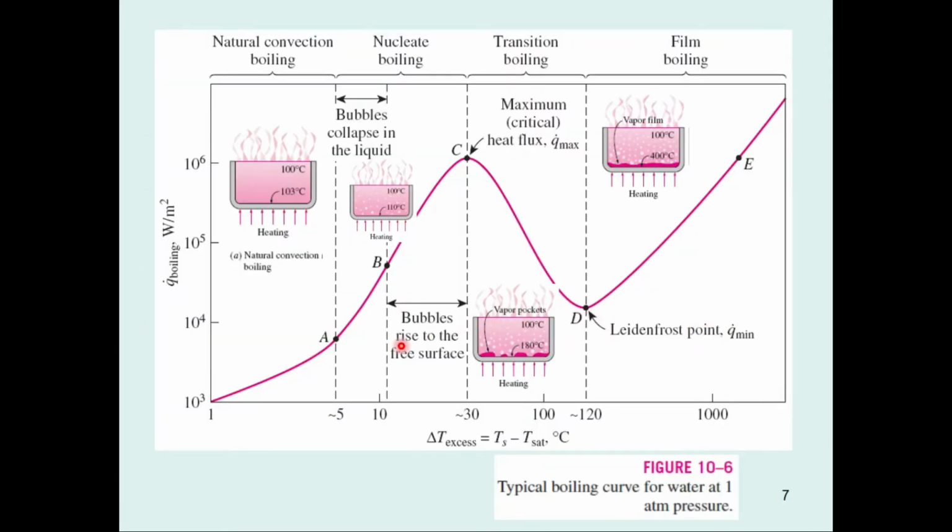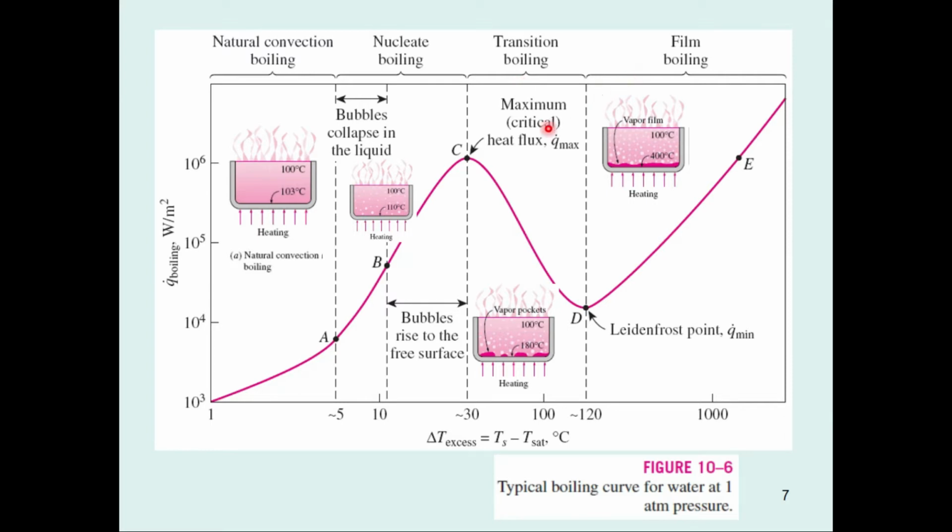So this is a typical boiling curve. This is the pink color boiling curve, right? It has been divided into four different regimes of the pool boiling that we have studied in the previous slide: the natural convection boiling, the nucleate boiling, the third is transition boiling, and the fourth is film boiling.